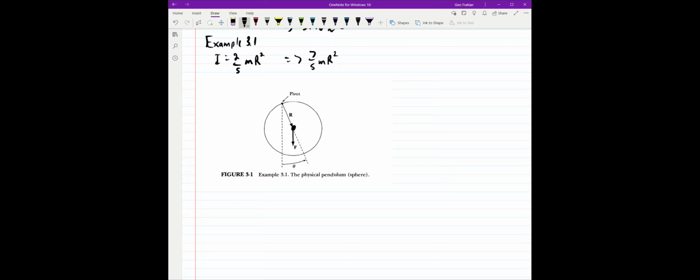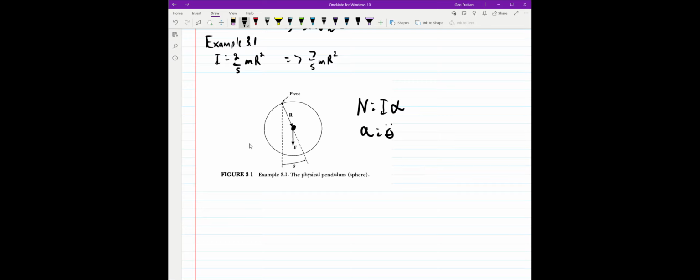But okay. So what we can basically do then is we know the torque, or the force of gravity, first of all. So let's write all this stuff down. The force of gravity pulls the sphere back towards the equilibrium position as the sphere swings back and forth with an angle theta. So we have our force is equal to mg. We know our torque is equal to I alpha. Alpha is theta double dot.